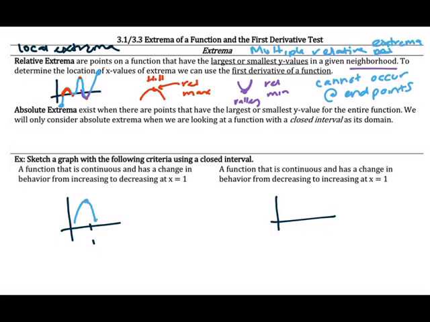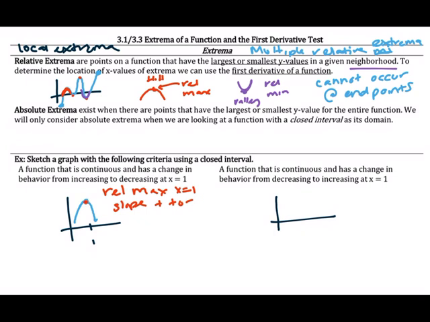And I want you to notice that's creating a relative maximum here. So there is a relative max, in this case, at x equals 1. And why is that happening? Because the slope, right, our derivative, is changing from positive to negative at that particular value. And that's what causes this change.